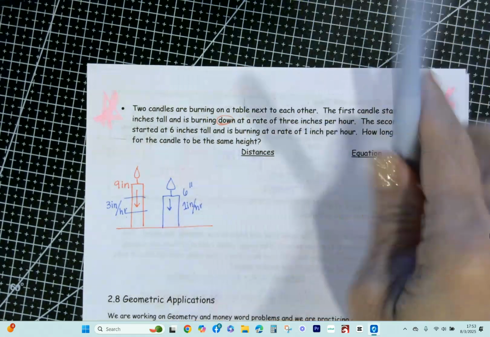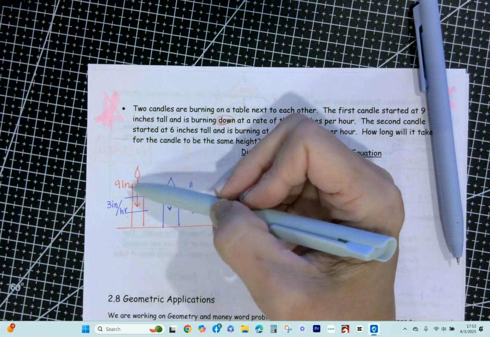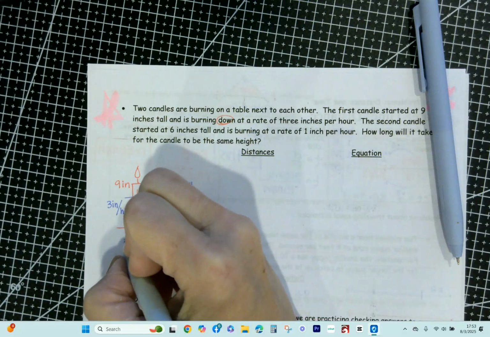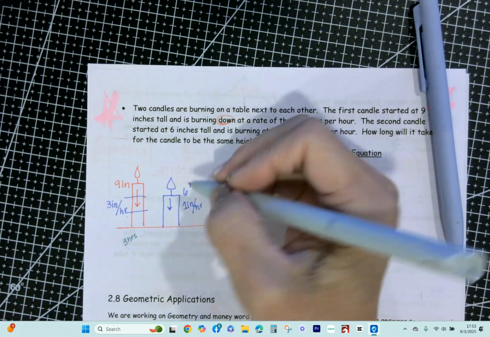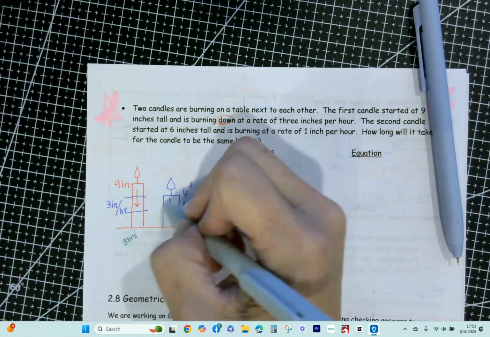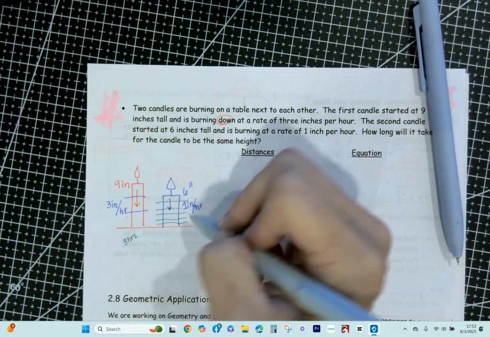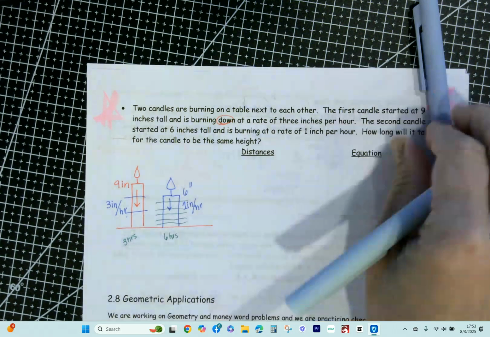Okay, so just knowing what you know about candles. 9 inches tall, and every hour, 3 inches is gone. So I know that in 3 hours, that candle is gone. Okay, 6 inches starts at, and every hour, it's getting smaller by 1 inch. So that means this candle would be gone in 6 hours.